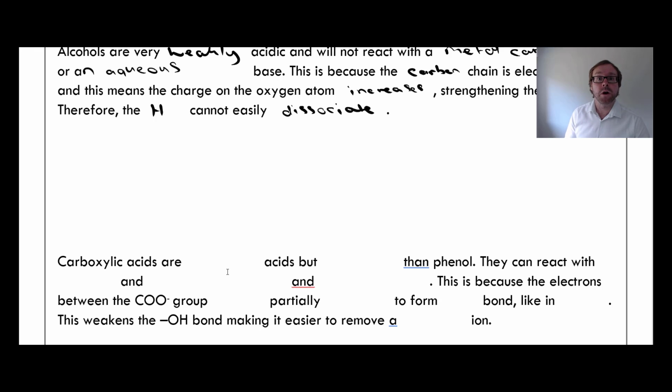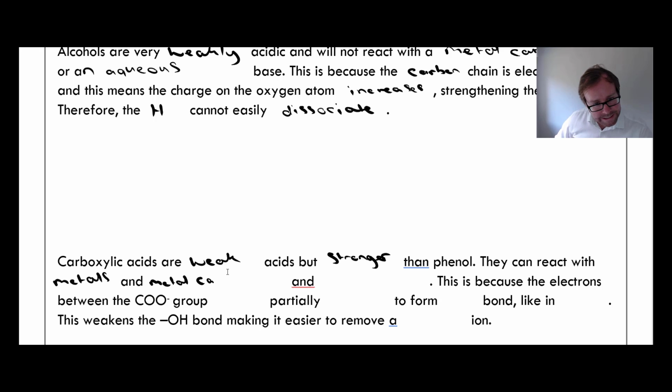So why are they more acidic than alcohols? So carboxylic acids are weak acids, but stronger than phenol. They can react with metals and metal carbonates and aqueous alkalis.